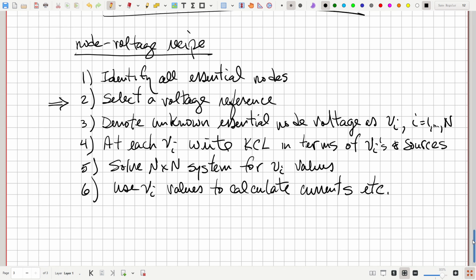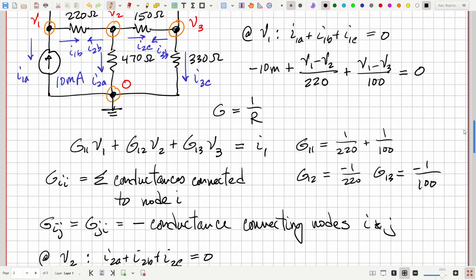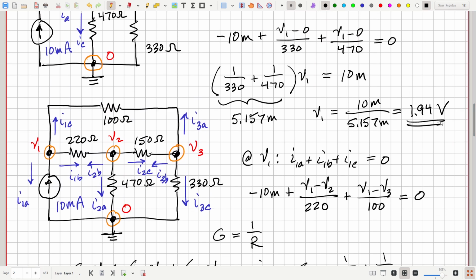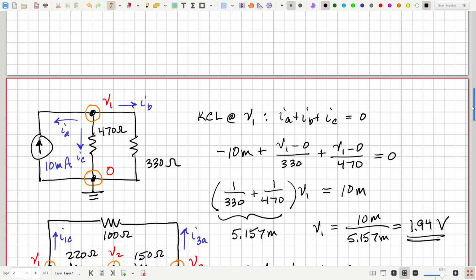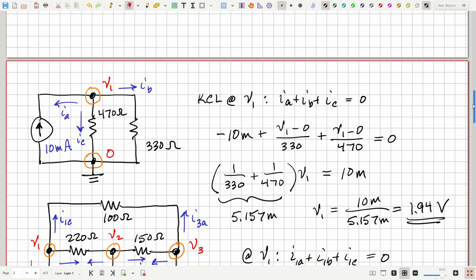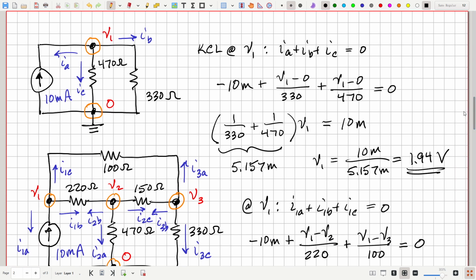Well, from what we've just seen, it's in principle arbitrary, but there might be some good choices. So far we haven't looked at circuits with voltage sources, but we can see what would happen if you had a voltage source, and we'll do an example coming up to show this.